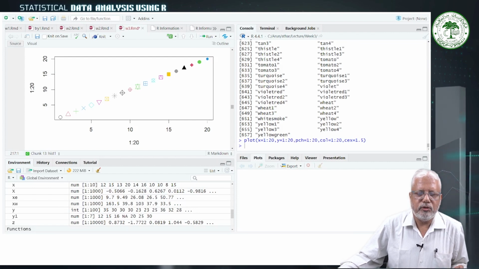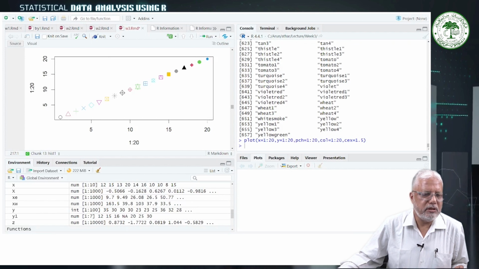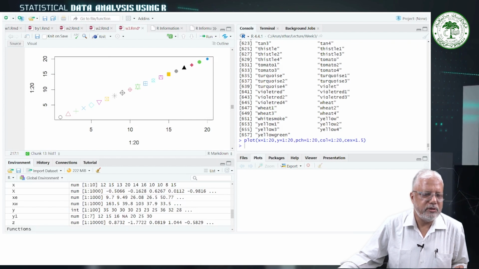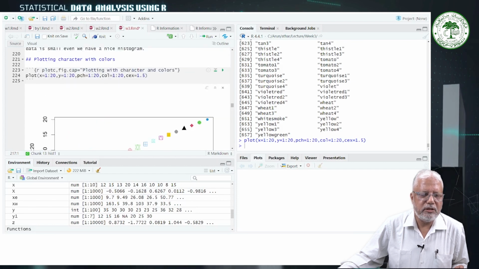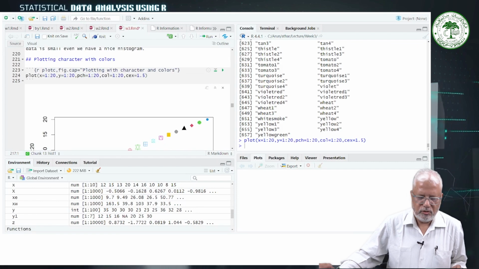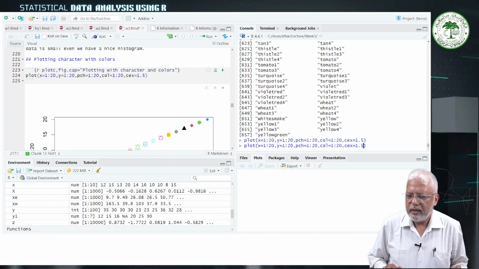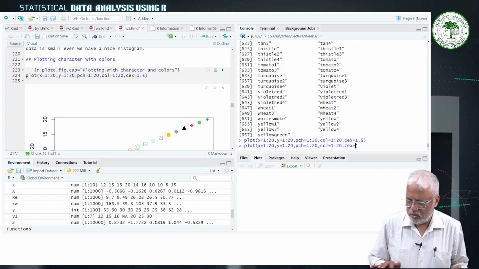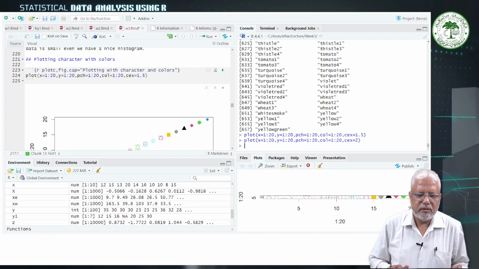Plotting character 20 is like this. And character expansion is 1.5 times bigger than normal. If instead of 1.5 we use 2, it will be twice the normal.